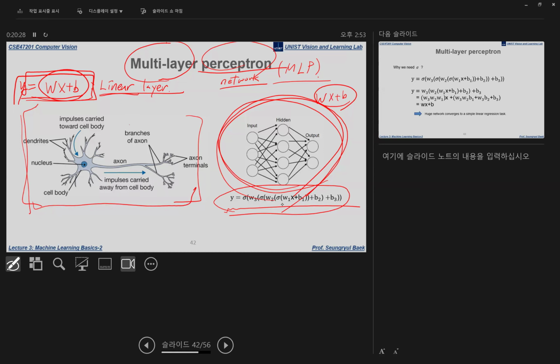At first, they stack the linear layer having W1 and B1 as parameters, and then apply some sigma, which is some layer, and then apply another linear layer having these as parameters, and apply sigma again, and then apply the third linear layer, and apply sigma to get y from x. This is the structure of the MLP.